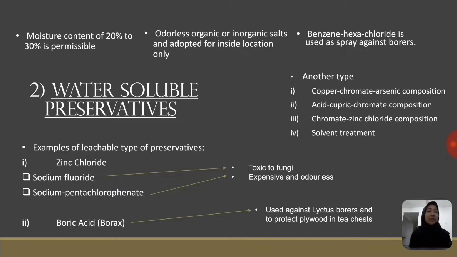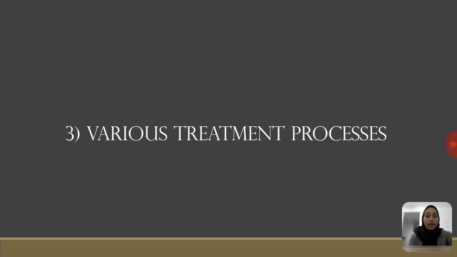The other types of water-soluble preservatives are copper chrome arsenic composition, acid cupric chromate composition, chromated zinc chloride composition, and solvent treatment. The third one, we have various treatment processes.